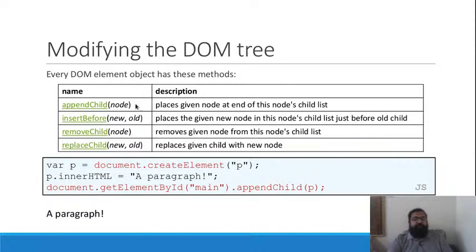Okay, so you have appendChild, which places a given node at the end of this node's child list, and insertBefore, which places the given new node in this node's child list just before the old child, and so on. Okay, so you have var p equals document.createElement p, p.innerHTML is a paragraph, and document.getElementById main appendChild p, right? So that is how we can make any modifications to the DOM tree.